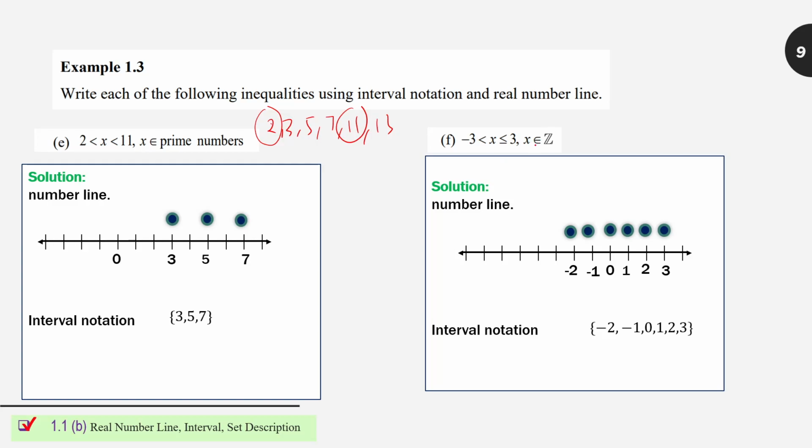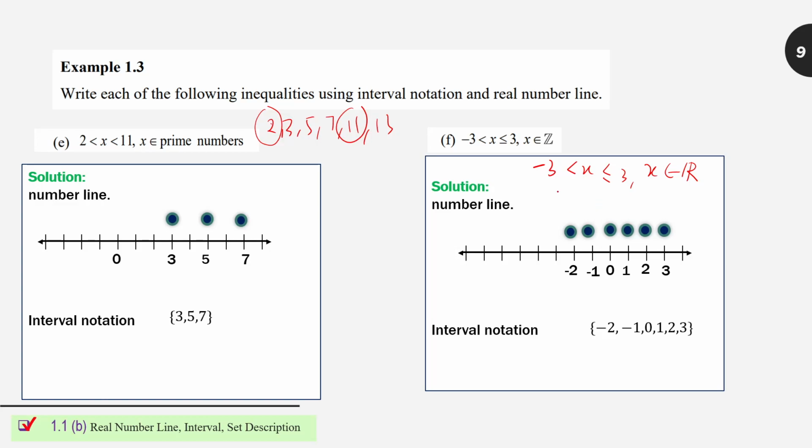How about this one? They told you z is an integer located between negative 3 and inclusive 3. The integer greater than negative 3 is actually negative 2, so I have negative 2, negative 1, 0, 1, 2, and 3. Compare the same thing, but with no limitation, so we can assume it is a real number.